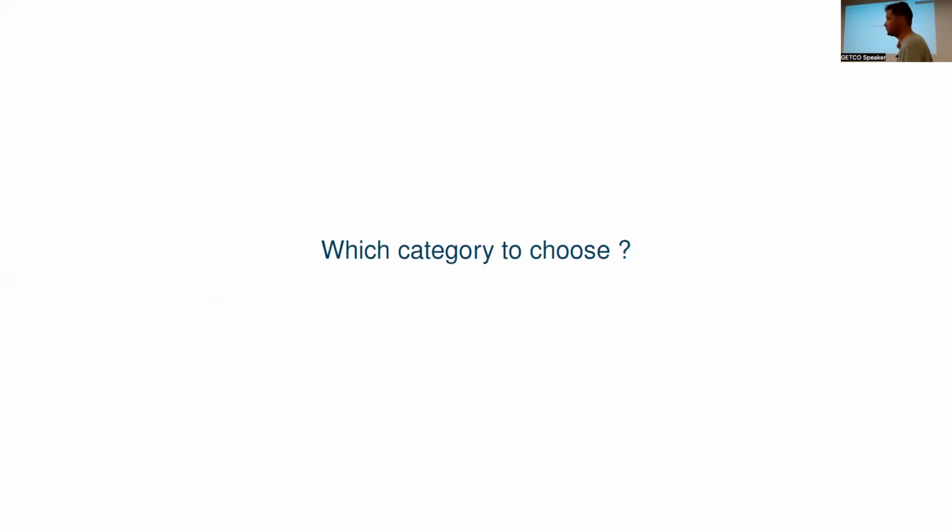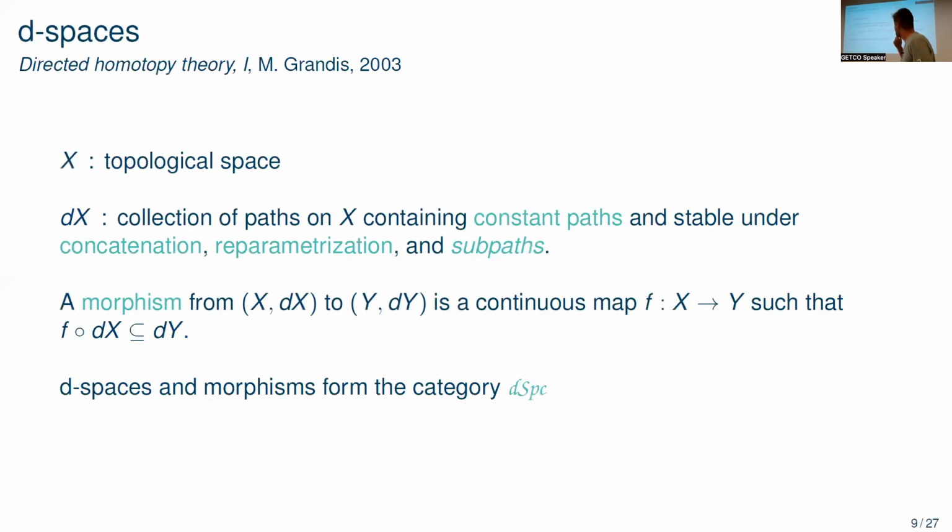So, which category to choose? Most of the time, people choose the category of d-spaces. The reason for that is that this category is topological, which means that you start from the underlying sets, you compute some kind of identification, as Uri showed this morning, and there is a canonical topology on it and a canonical set of directed paths on it.